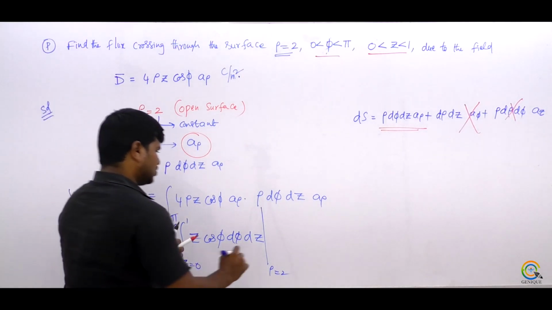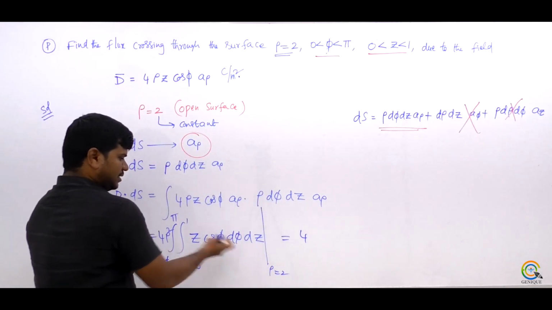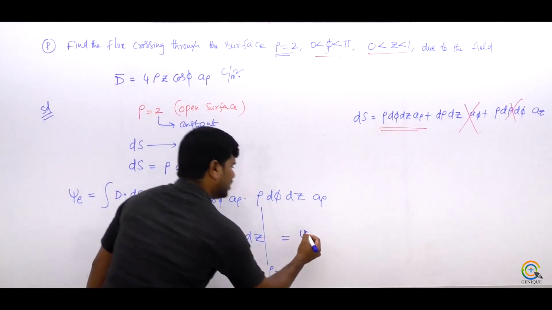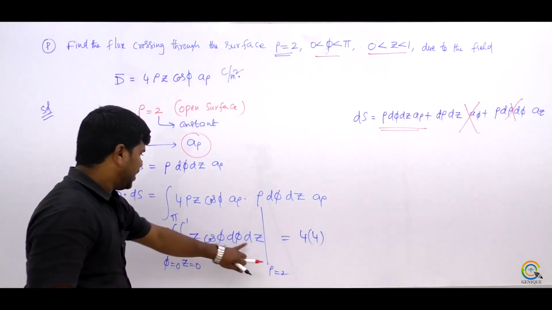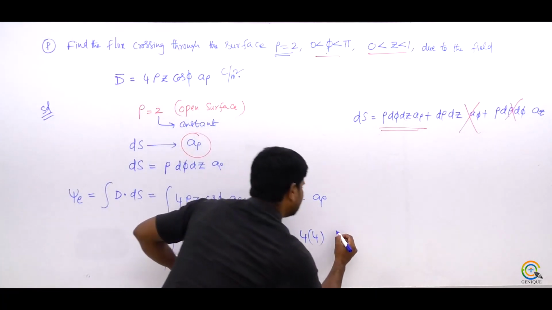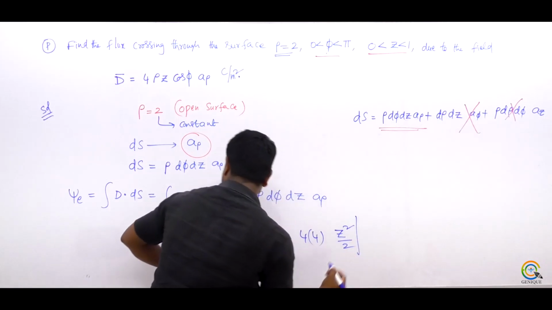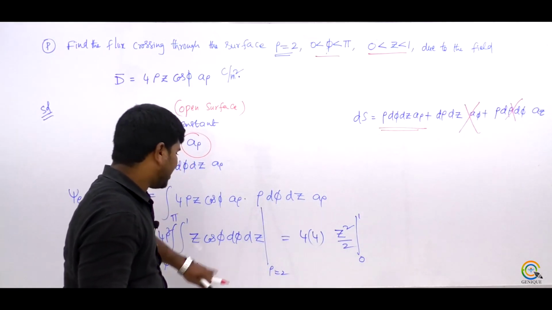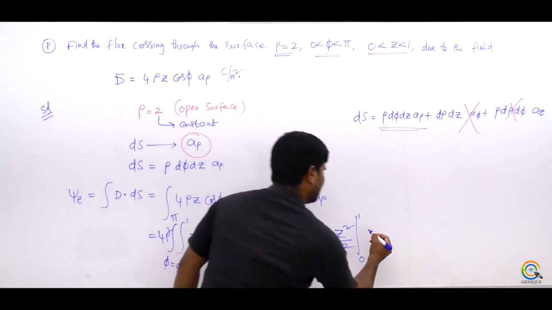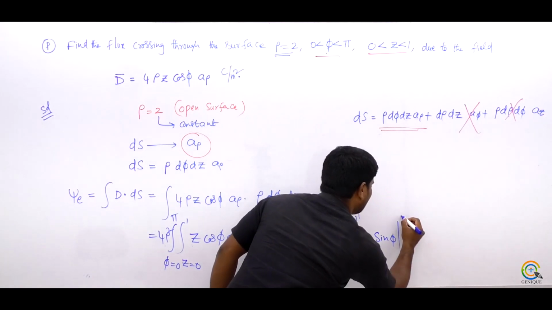It will be 4 rho square; you can put rho equals 2 here, which gives 4. If you integrate this, z becomes z square by 2, from 0 to 1. If you integrate cos phi, it becomes sin phi, from 0 to pi.